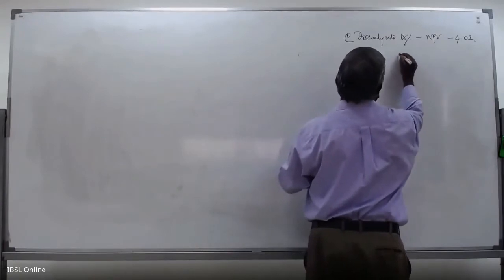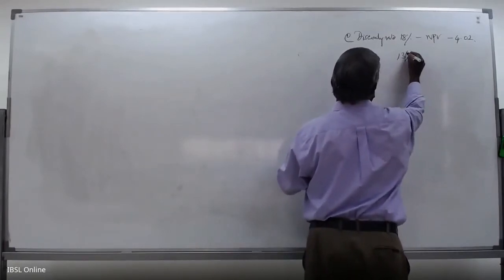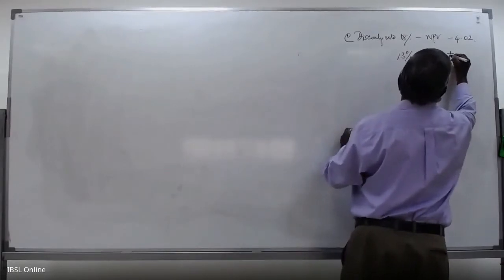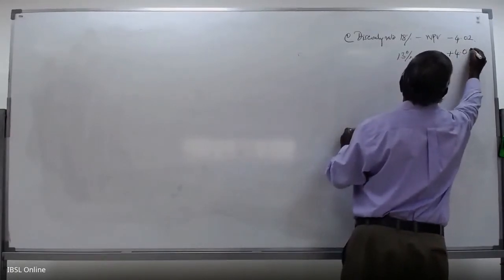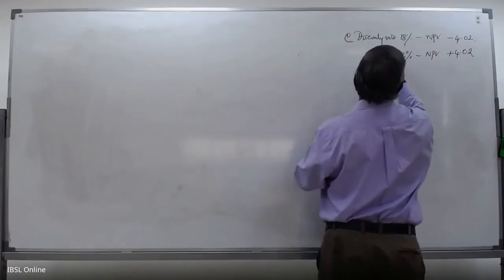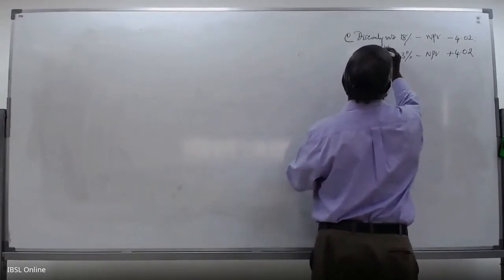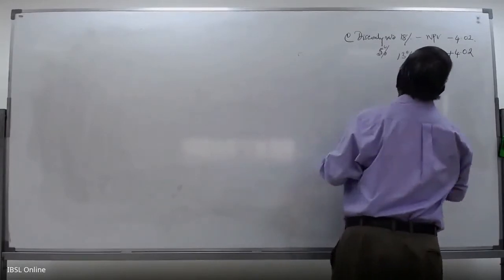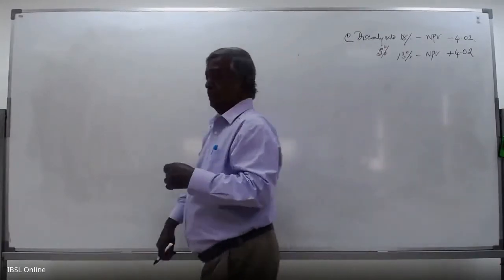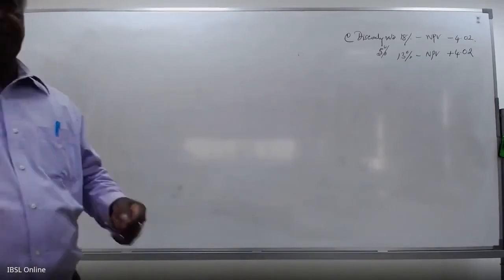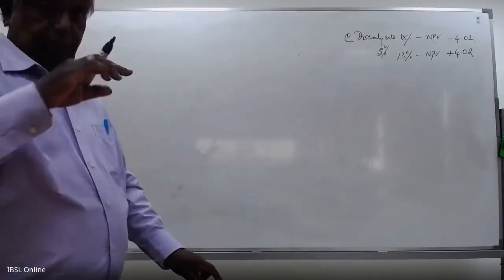And at 13%, NPV is positive 4.02. The difference is 5%. So this we have calculated in the last example. I hope it's very clear.